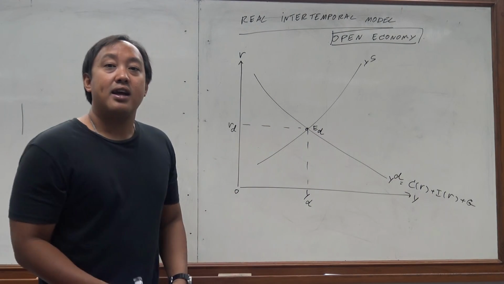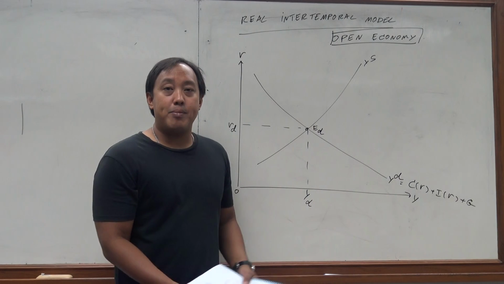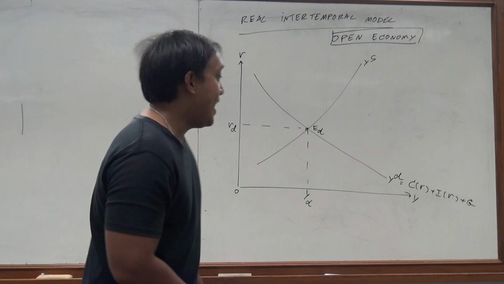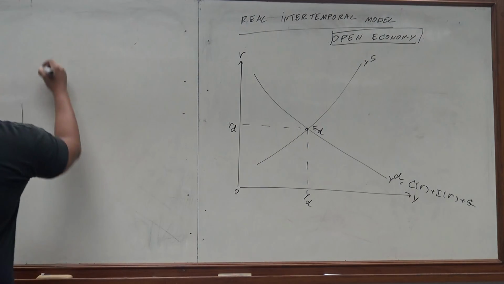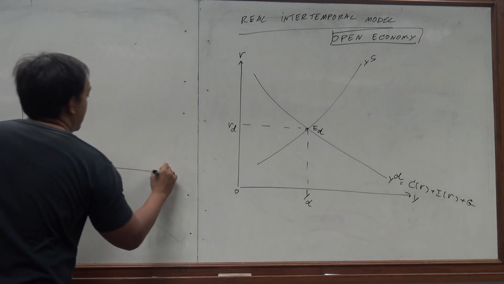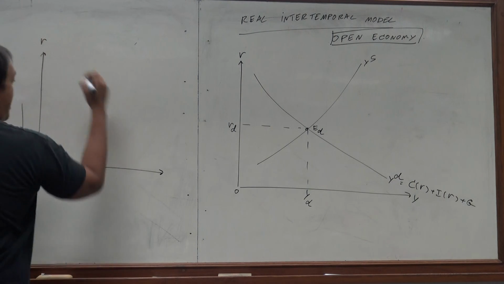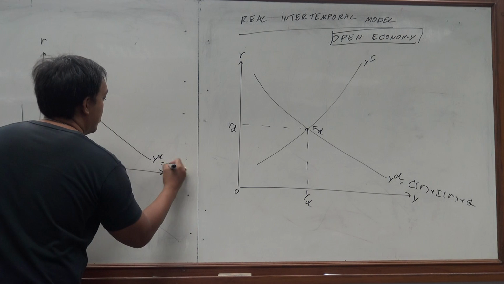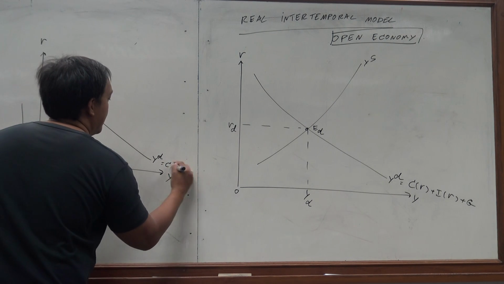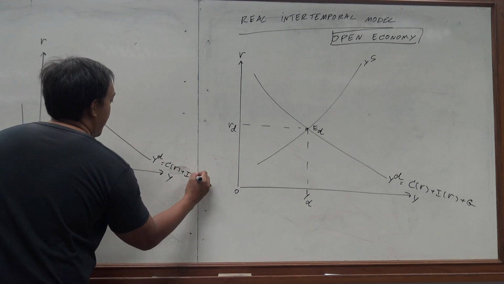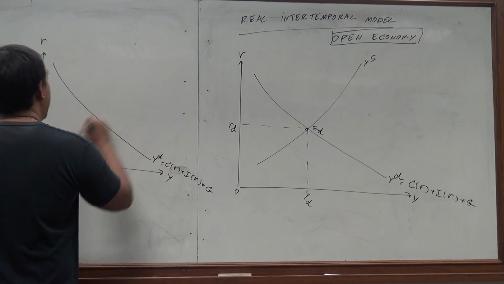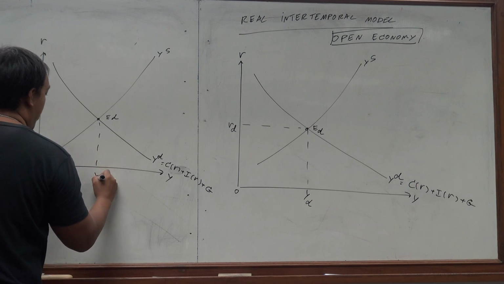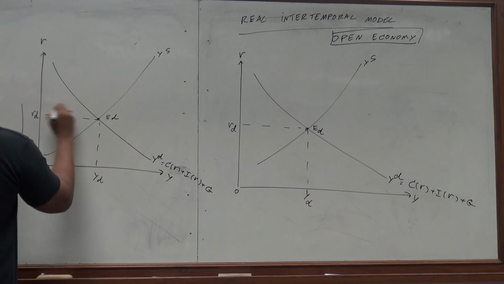And then after that, if we open our economy, how is it going to be? We're gonna have two different cases. So let me write down the other graph over here. R, Y, YD equals C of R plus I of R plus G, YS, ED, YD, RD.